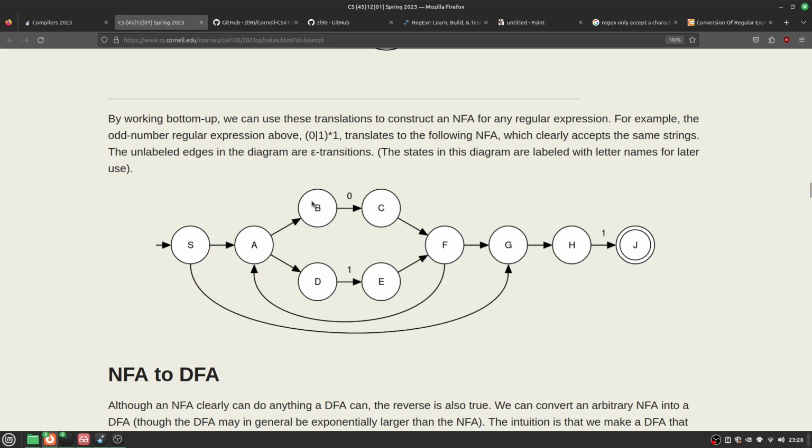We can read in 0 or 1. After we read in 0, we can go to any empty string, empty string, empty string. From 0 we can get to 1. From 1 we can also get to 1.